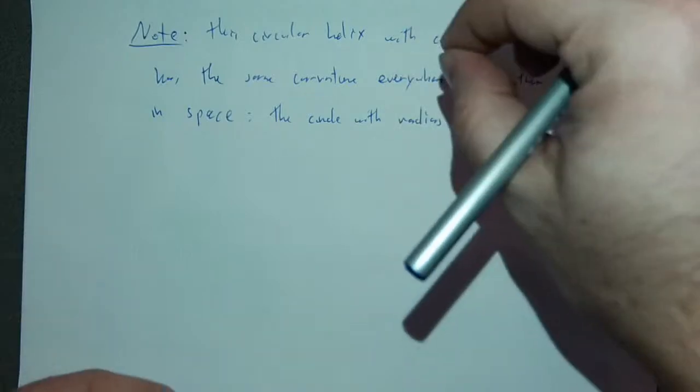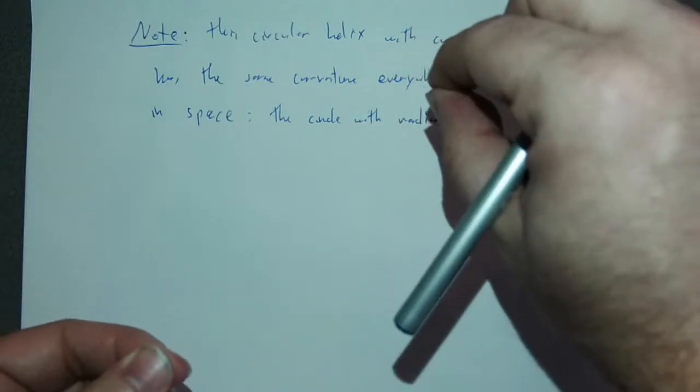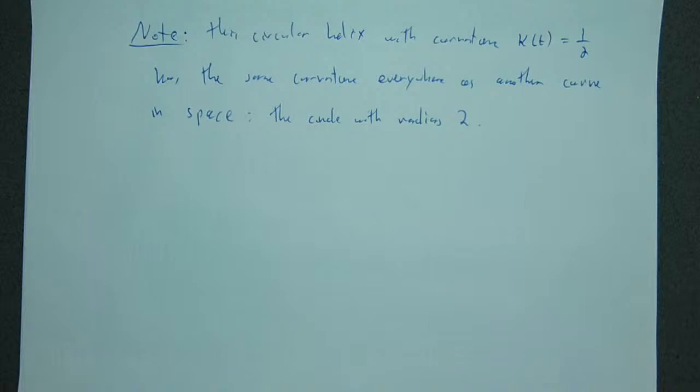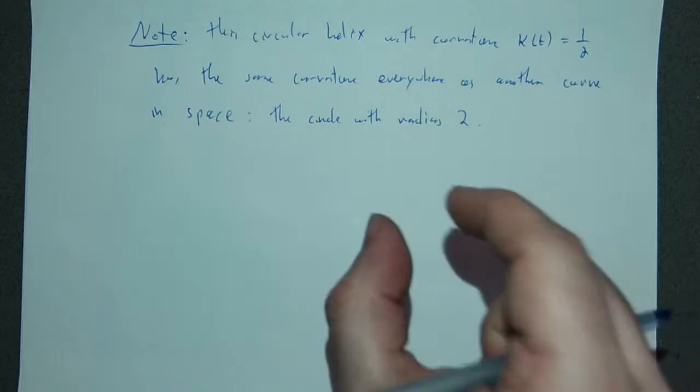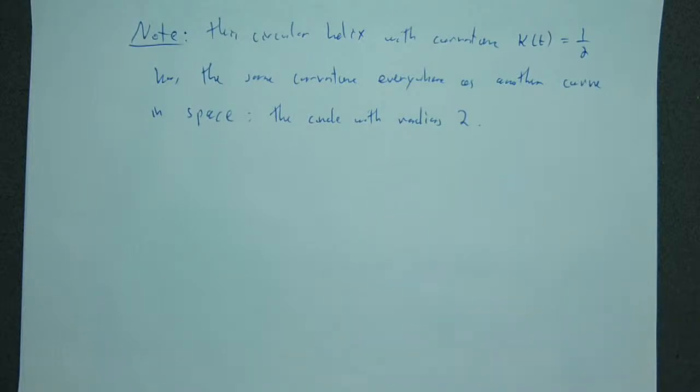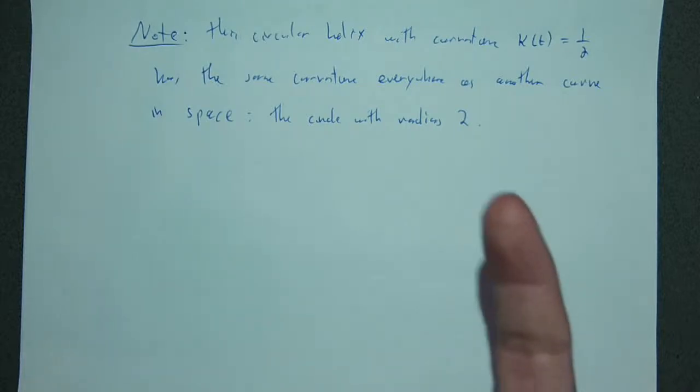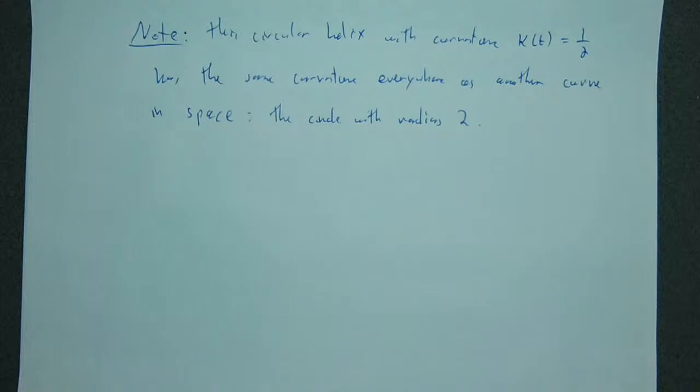And there's no motion I can do. I can't take a piece of a circular helix, any piece, no matter how small, and move it onto a circle. Any piece is going to be moving up and up and up, even just a little bit, whereas a circle does not move up at all. It is totally flat. It lies in a plane.